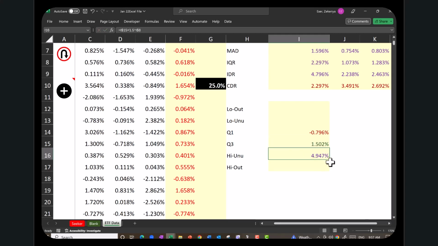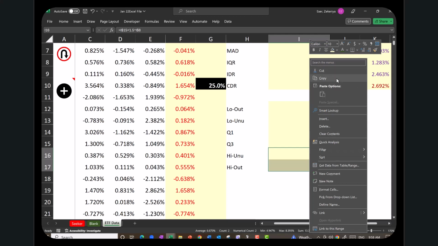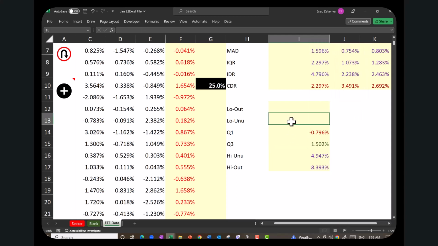But since I've done that and I copy this formula, the only thing I have to change is instead of 1.5, I'm going to use plus 3. And unless I'm horribly mistaken, low unusual is Q1 minus 1.5 times IQR.